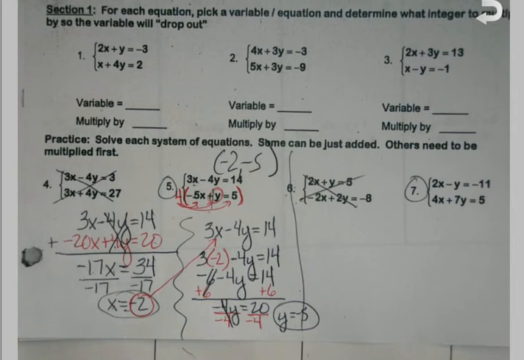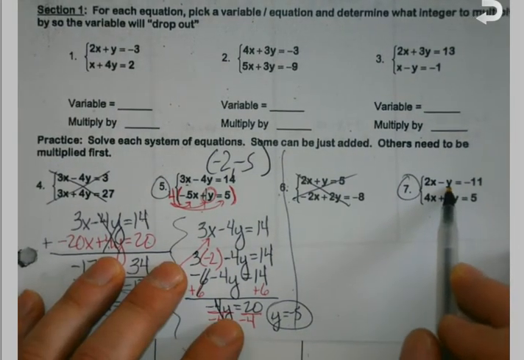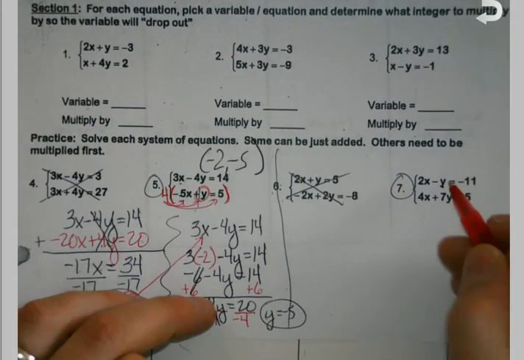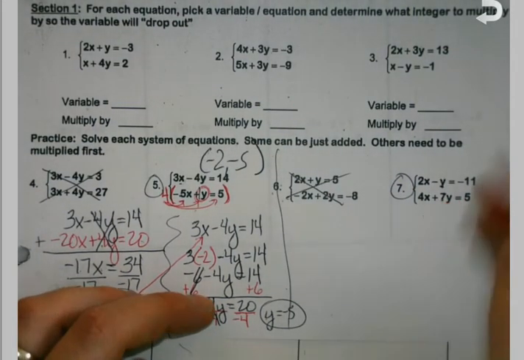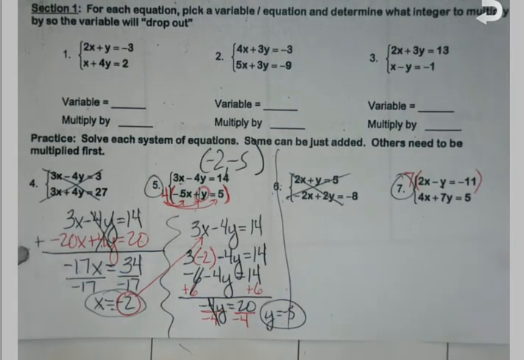And most of the time, the easiest way is going to be finding that one variable that's by itself, and then saying, okay, what number's below it? Well, here it's 7. Okay, so I'm going to use 7 to get what I want.